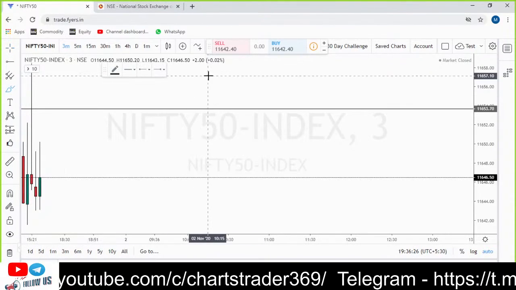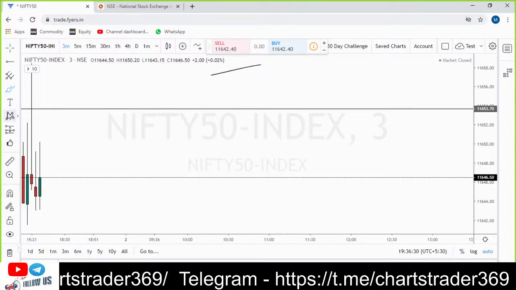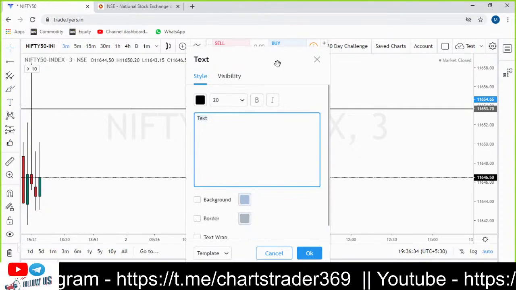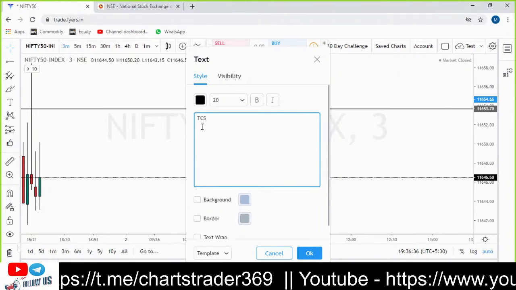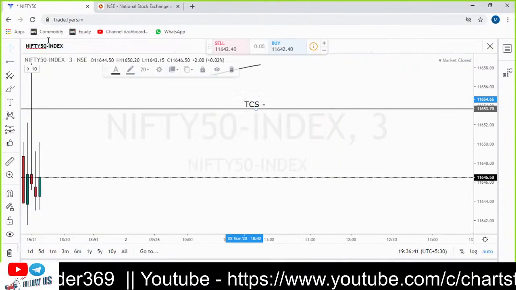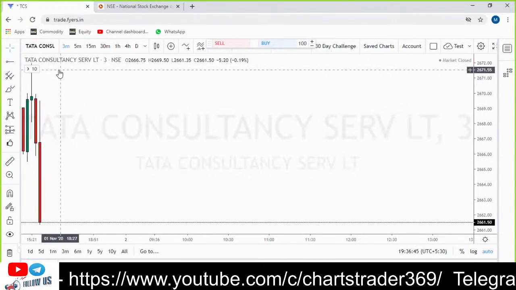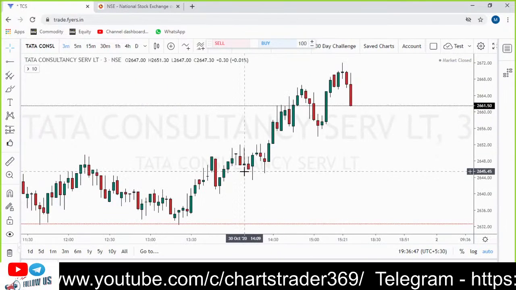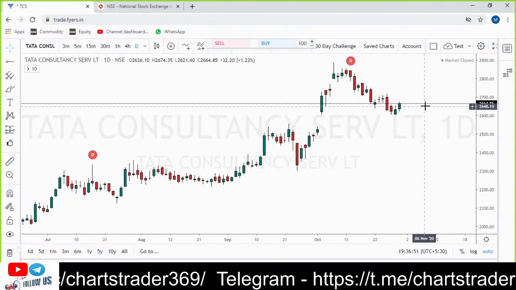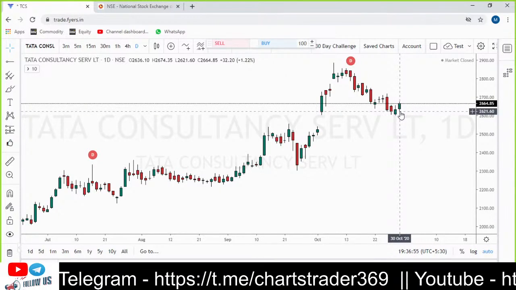If I consider TCS, let me open the TCS chart itself, 1 minute. If you see TCS, on an average, how many points does it move in a day? Any idea? Anyone?